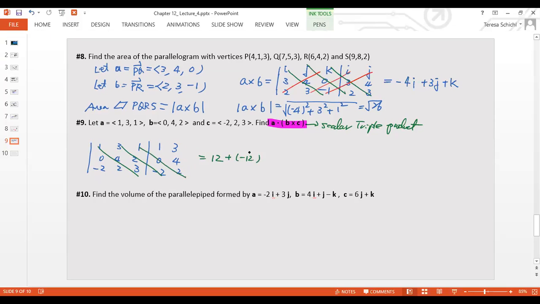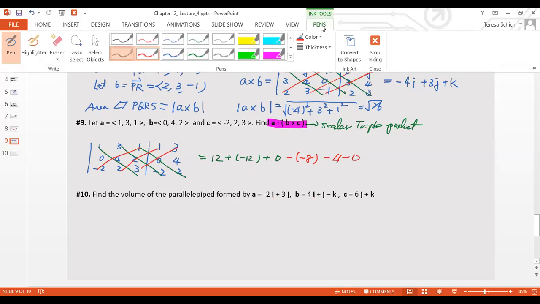Then 1 times 0 times 2 is 0. Then minus negative 8, and minus 4, and minus 0.